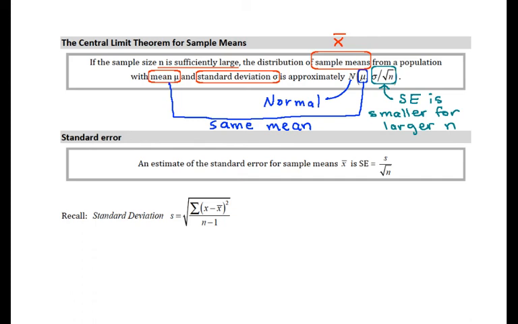Since we usually don't know the standard deviation of our population when we're doing inference, but we can calculate the standard deviation of a sample, this formula here is generally applied to a sample. So this is generally our sample standard deviation. We just use the sample standard deviation to approximate the population standard deviation.